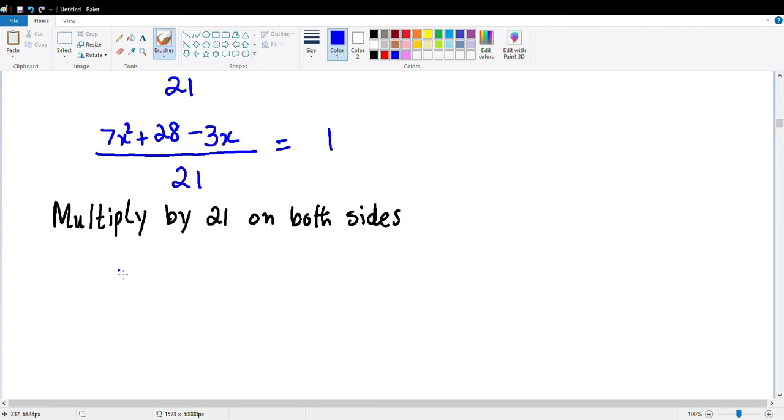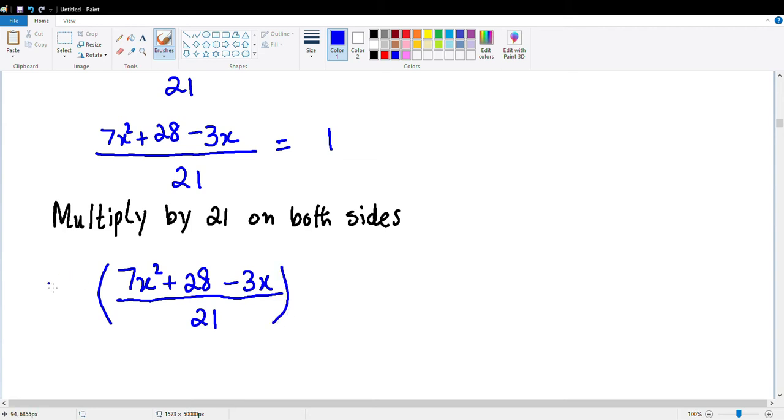So we get 7x squared plus 28 minus 3x times 21, and this equals 1 multiplied by 21.